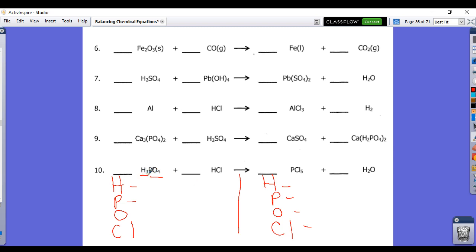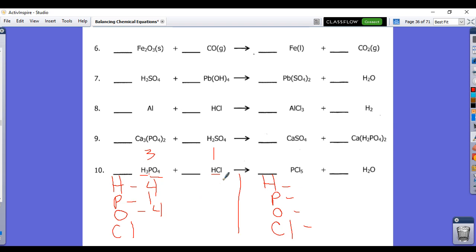There's a hydrogen here, that's 3, so I'm going to put a little 3 here. And then there's a hydrogen here, which is 1. So 3 plus 1 gives me 4 hydrogens. Phosphorus, no subscript, 1. There's a 4 after the oxygen.